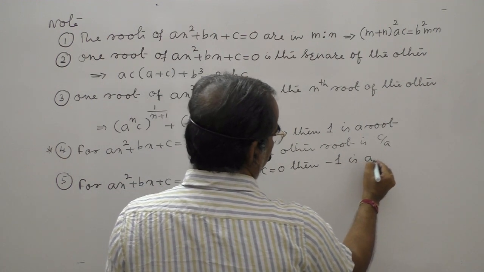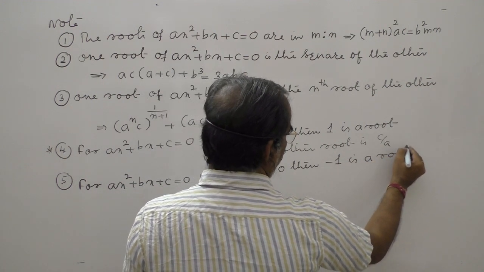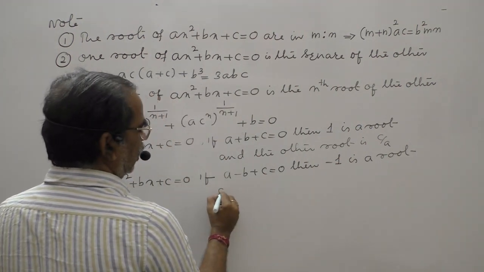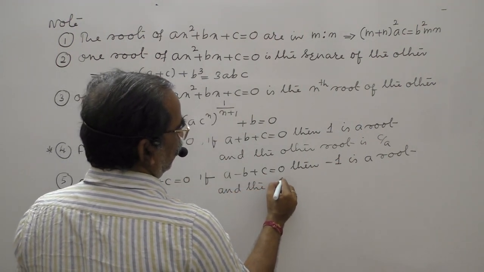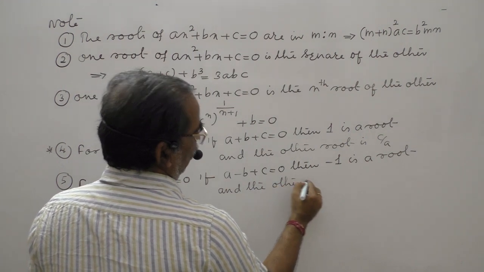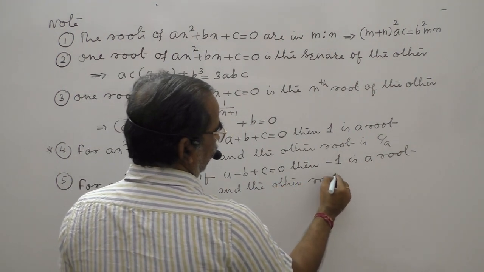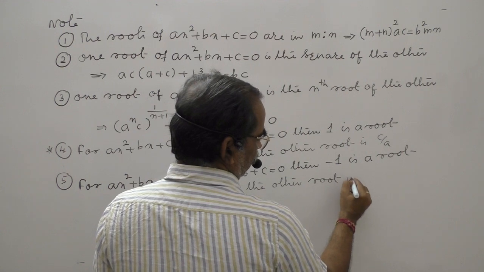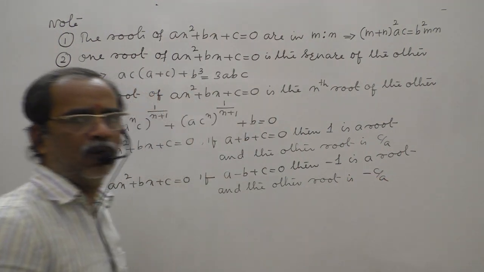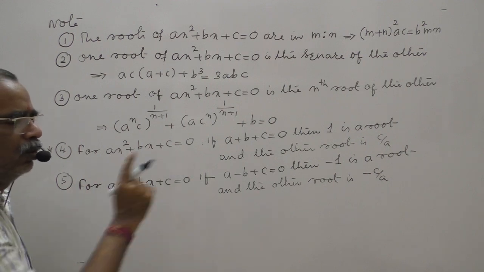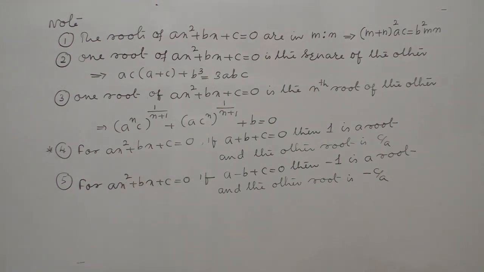Minus 1 is a root of this equation, and the other root is minus c by a, because the product of the roots should be c by a.